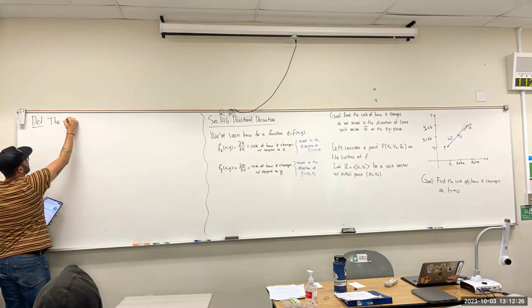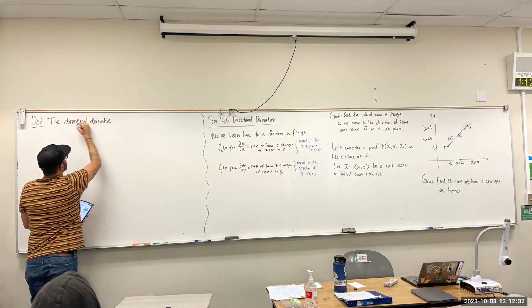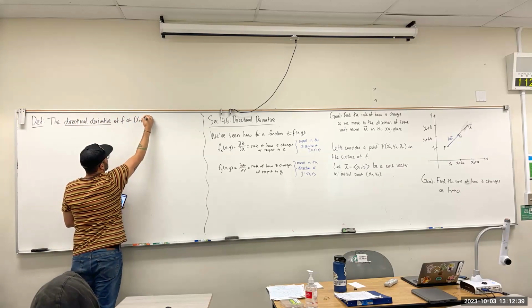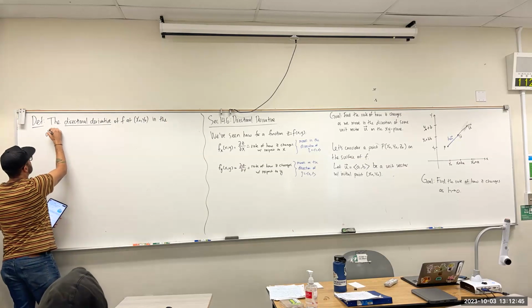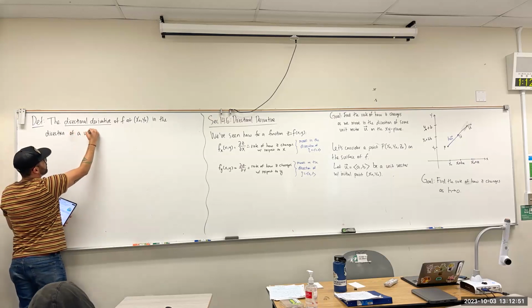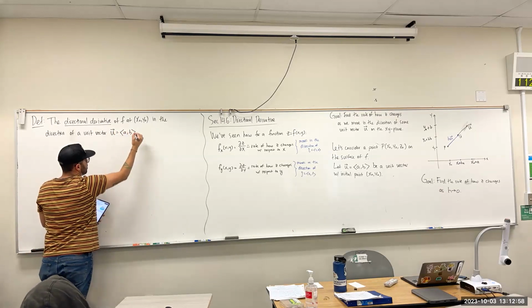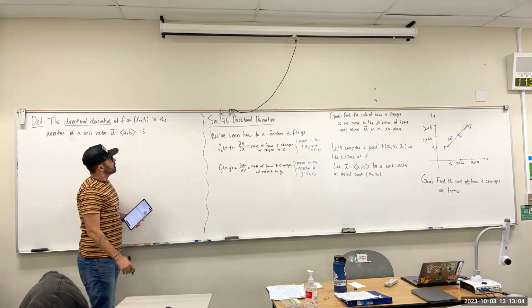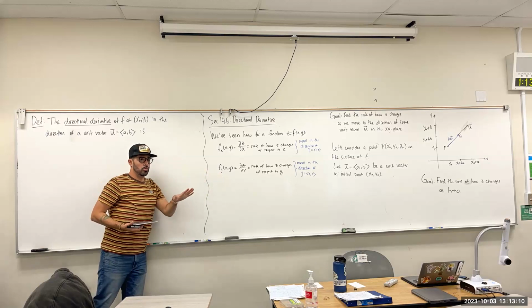We're going to say the directional derivative of f at the point x naught, y naught in the direction of a unit vector u with components a, b is, and now instead of saying f partial of x or f partial of y, it's u.